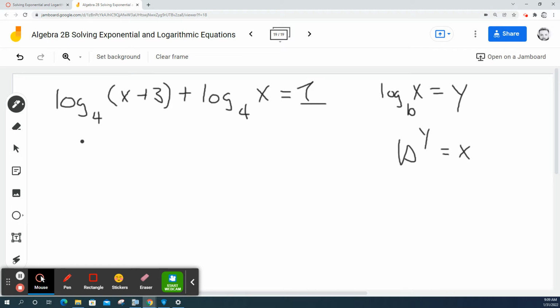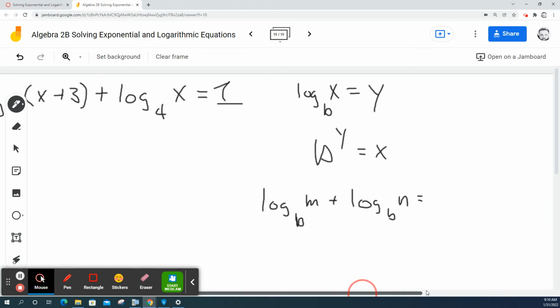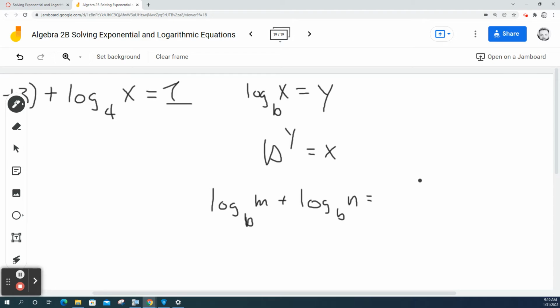Okay. So what I can do, first of all, I'm going to clean this up a little bit. Remember that there's a property that when we have log base b of m plus log base b of n, that is equal to the log base b of m times n.